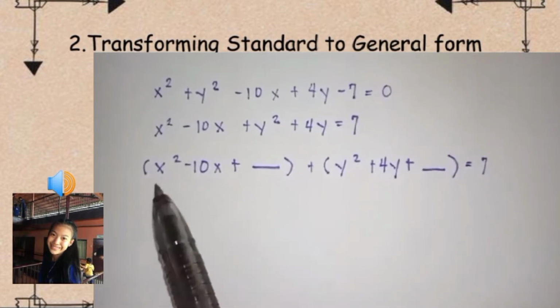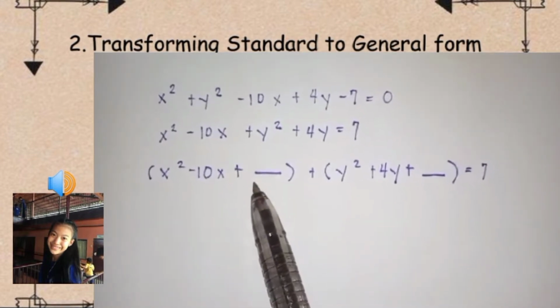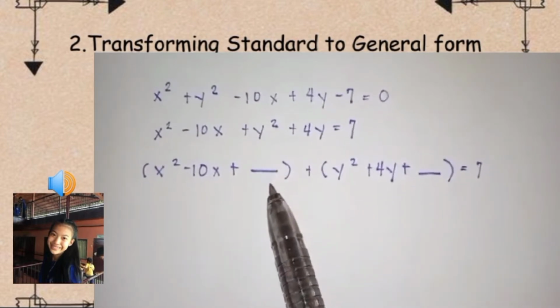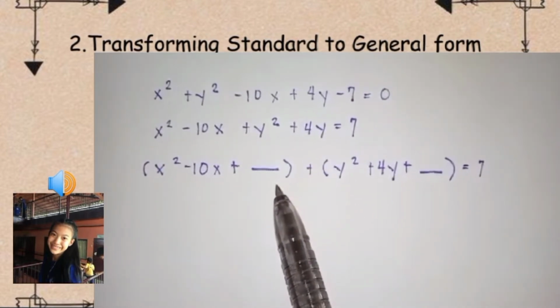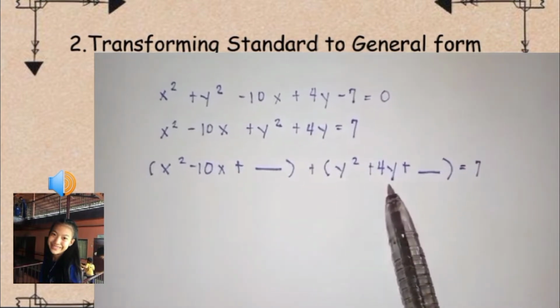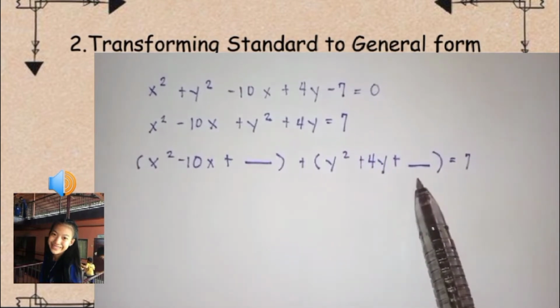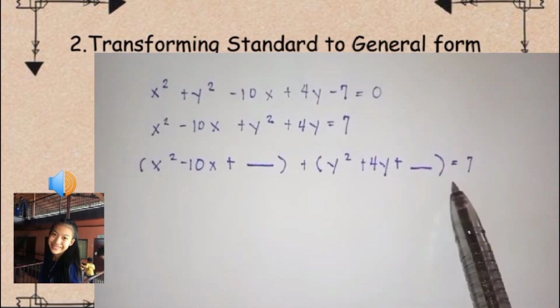So we have x squared minus 10x plus blank, where we're going to add a number to make it a perfect square trinomial, plus y squared plus 4y plus blank is equal to positive 7.